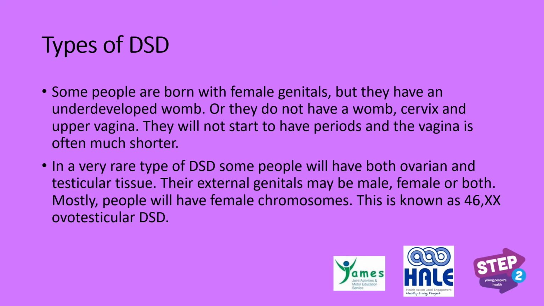External genitals might be male, female, or both. Mostly people will have female chromosomes, and that's known as 46XX ovotesticular DSD. You can, of course, find much more information about each of these online and through your doctor. I'm just giving a very, very simple overview of the different types of DSD.